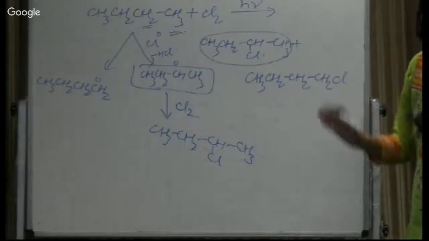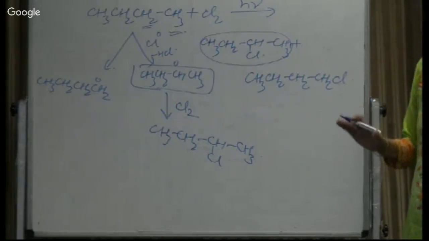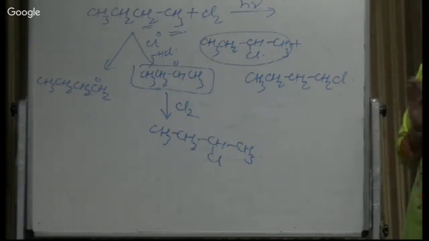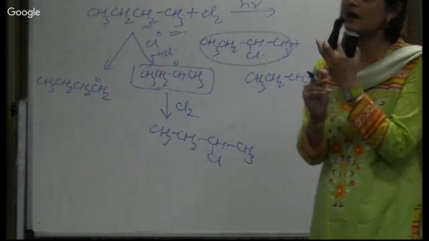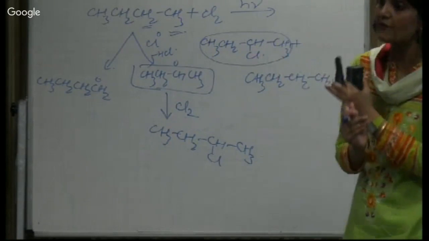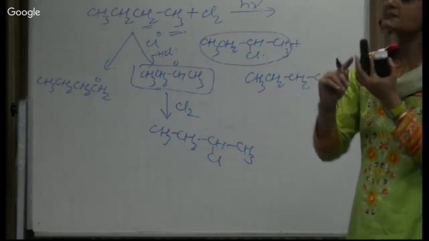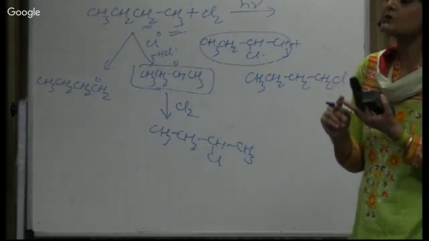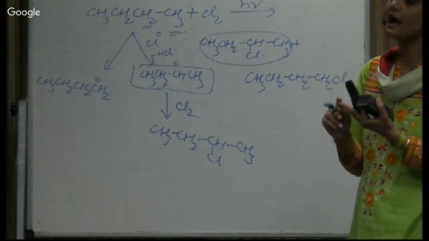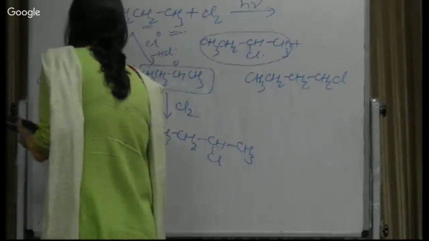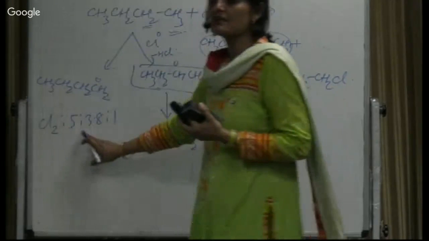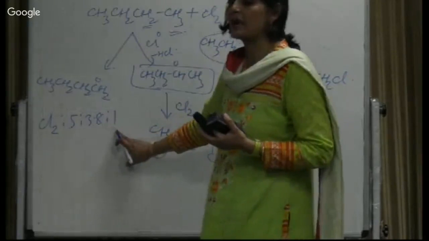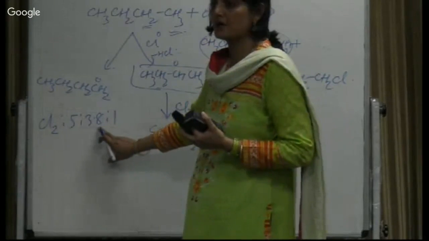So whenever you are talking of free radical substitution on alkanes where there are different types of hydrogens, you have to first understand and locate the types of hydrogen which are present, plus the site of attack also depends upon the nature of halogen. You will find that in case of chlorine, the order of reactivity for tertiary, secondary and primary hydrogen is 5:3.8:1.